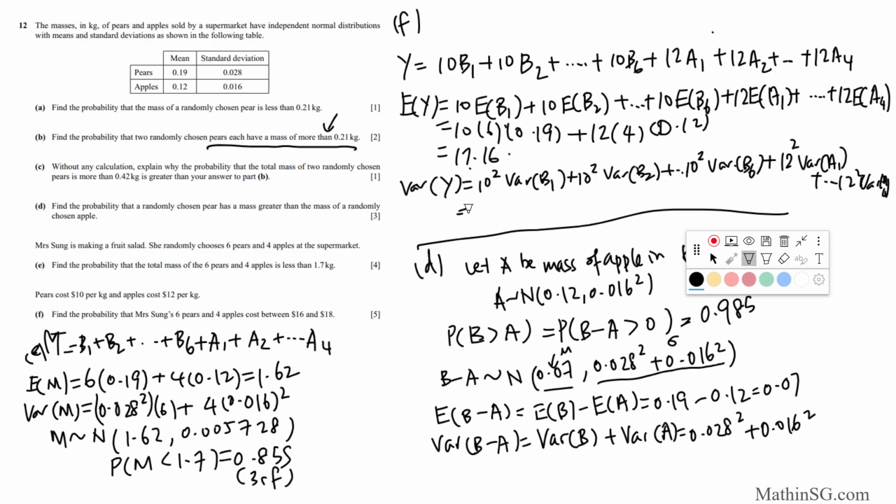In other words, it's basically 10 square times 6 of variance B1 plus 12 square times 4 of variance A, which will give us 0.617856.